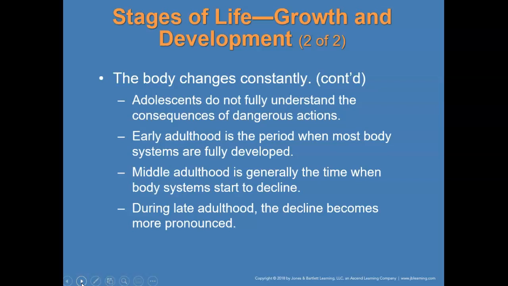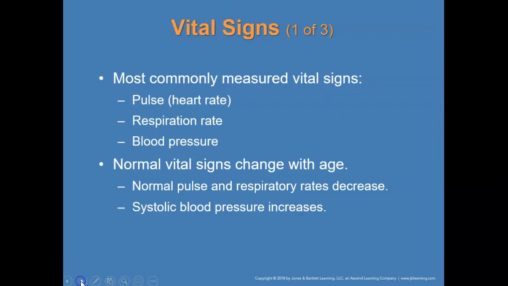Adolescents do not fully understand the consequences of dangerous actions. Early adulthood is a period when most body systems are fully developed. Middle adulthood is generally the time when body systems start to decline, and then during late adulthood, the decline becomes more pronounced.